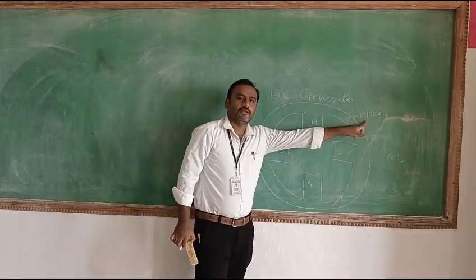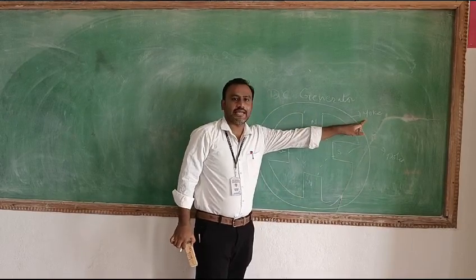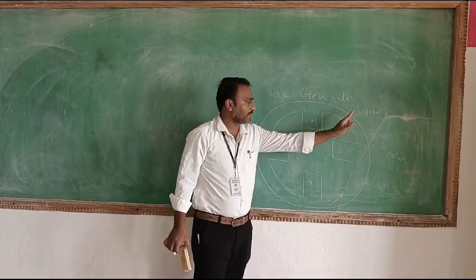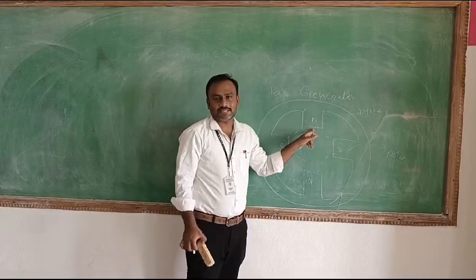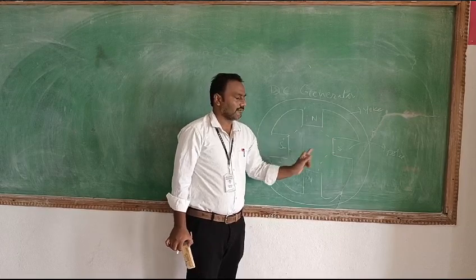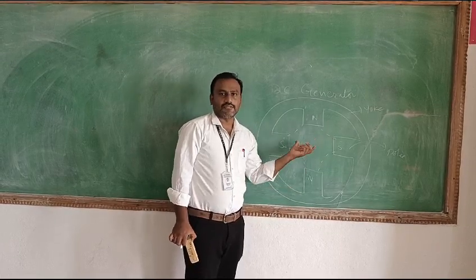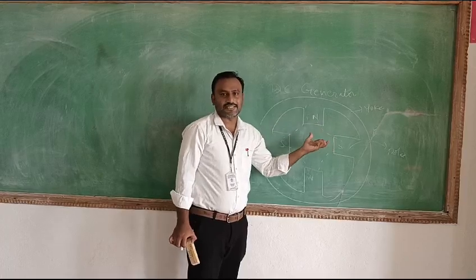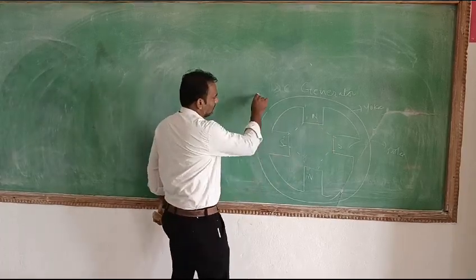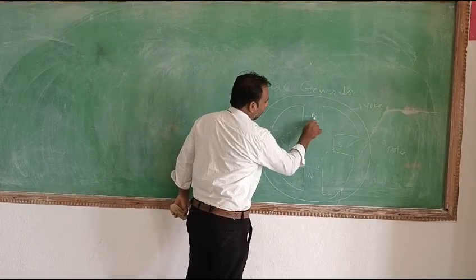The yoke's major function is to give mechanical support to the magnetic poles. Initially these are permanent magnets, which give fixed flux. If we want to increase the flux strength, we can use an external winding.